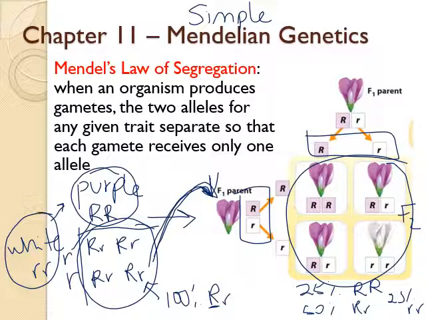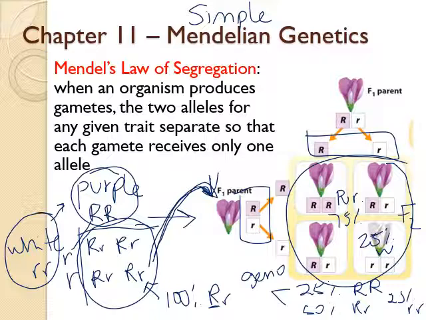Okay, so those are my genotypes again, right? If I want to look at my phenotype ratios, I have a 75% chance of purple, okay, and a 25% chance of white. Okay. And you'll see here we have purple and white, but they're both represented by the same letter.